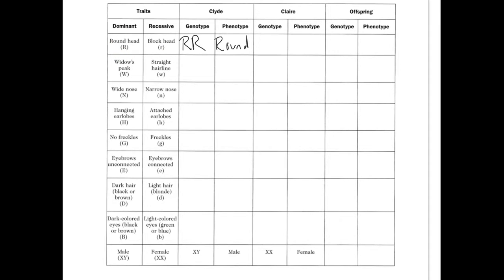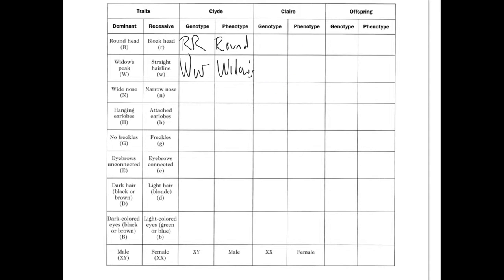He has at least 1 uppercase R, which means he has at least 1 dominant trait, so he's going to be round. We spin for widow's peak, and in this case, Clyde ends up heterozygous, which means he will have a widow's peak hairline. And we would continue all the way down for Clyde.